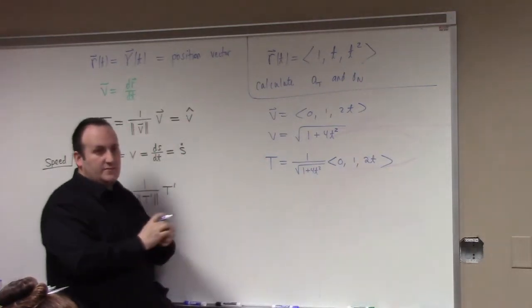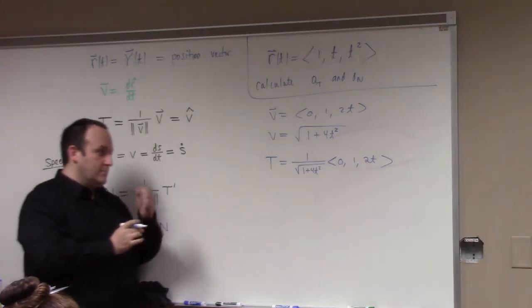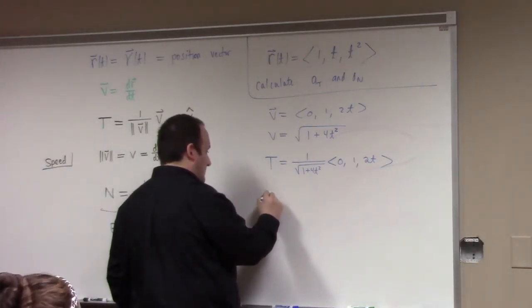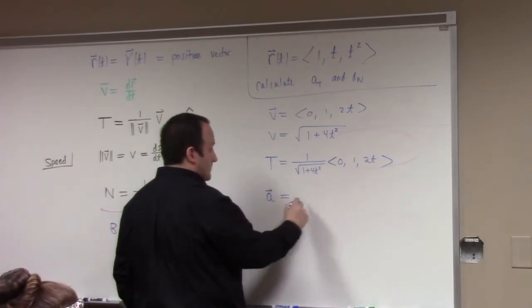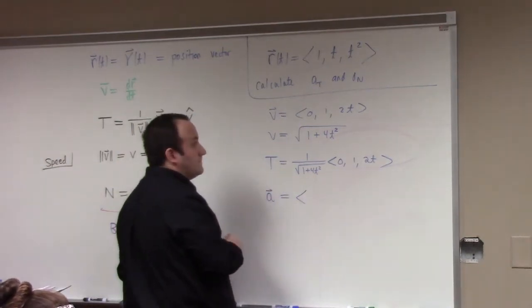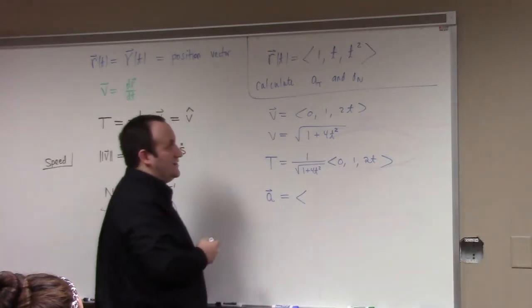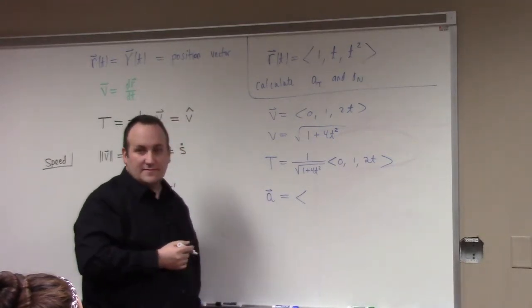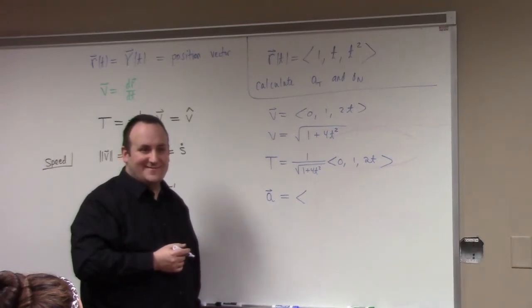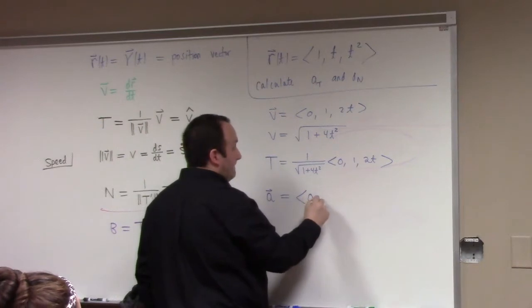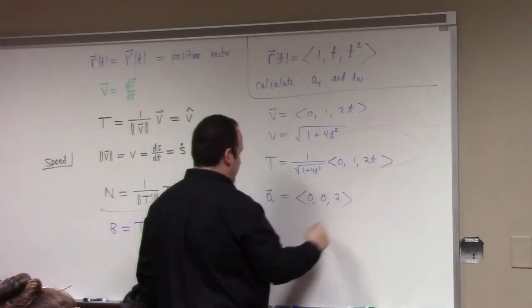There's my unit tangent. What's the acceleration? How do you calculate acceleration from position? Take the derivative 2 times, right? So it looks like we got (0, 0, 2).